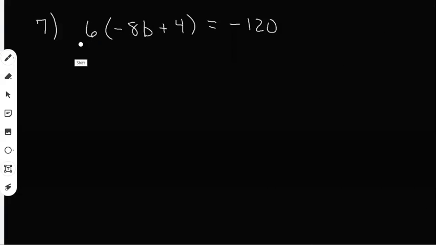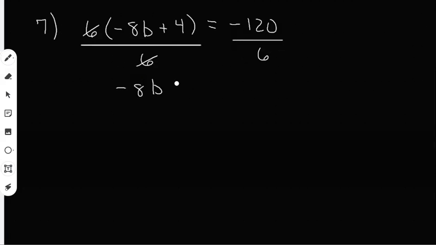I can divide both sides by 6. So this is just another way of doing it. And you should get the same answer at the end. The 6's cancel out, and you're only left with negative 8b plus 4. And then on the right side, you're going to get negative 20. And then you would subtract 4 from both sides and then divide by negative 8.